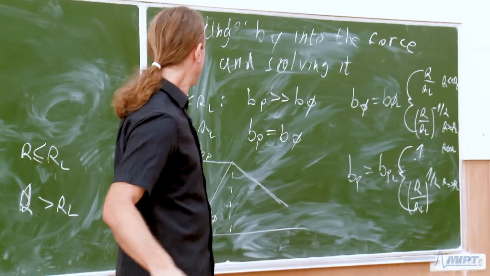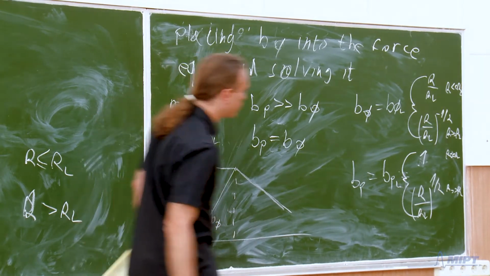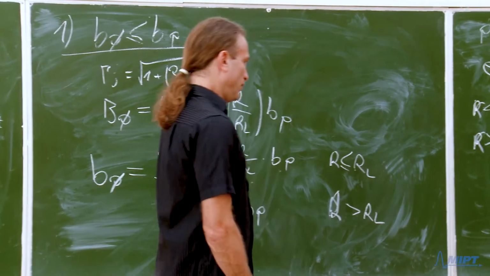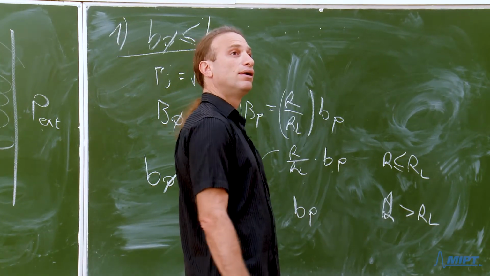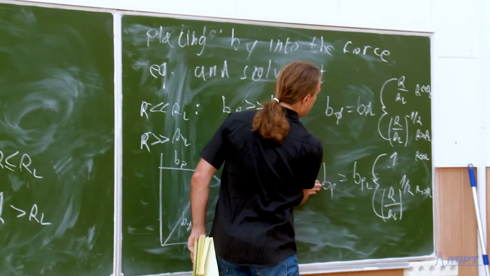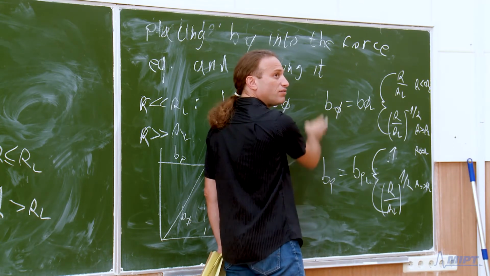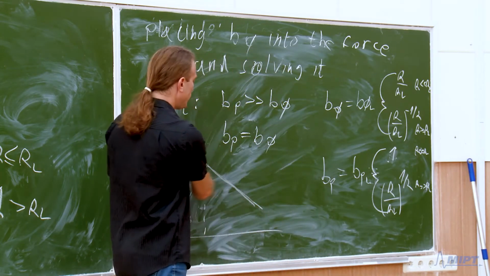Is it not a small r? No, it's big R. I don't have small r's here. Everything is cylindrical. So everywhere you see small r, it's big R. But so if it's large R much less than RL, yeah. And then you get two cases for this. No, this is BP, and this is B phi. You have two components of magnetic field. Each one behaves differently in this regime and in that regime.